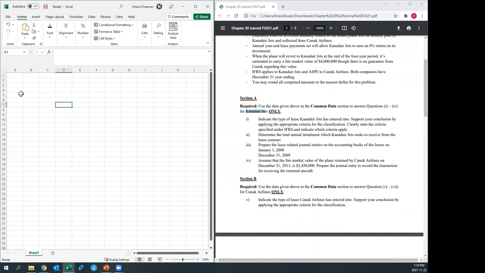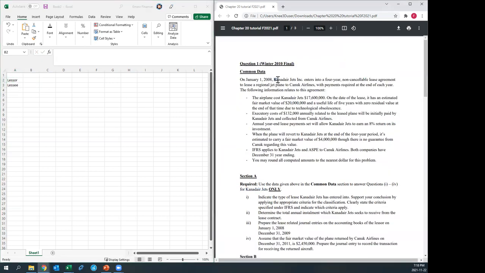First, before we start, I want to point out who's the lessor and who's the lessee. Make it easier. The lessor is Canadair Jets Inc. They're the one that are leasing the plane to Canuck Airlines. And they use IFRS.